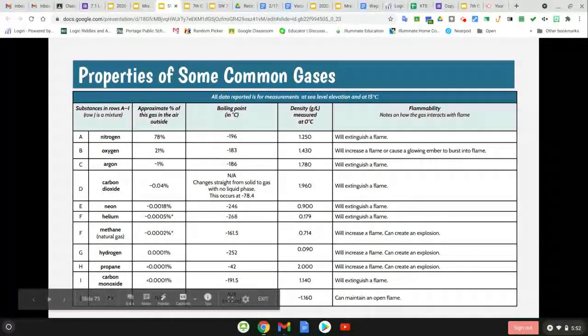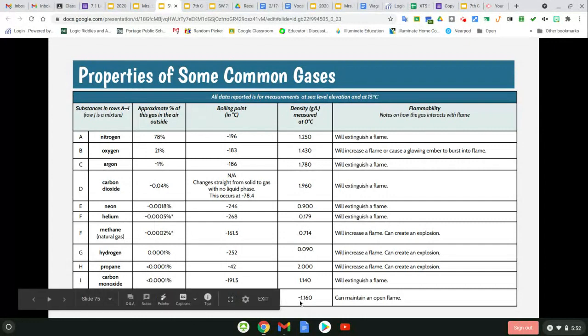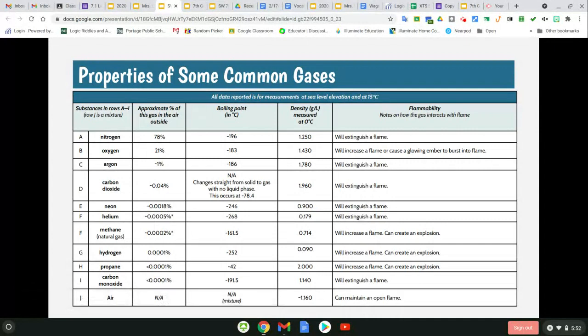Air's density is about 1.160 grams per liter. And it's about that because any given sample of air could have more or less of some of these others. So we don't have an exact measure, but that's its average, about 1.160 grams per liter.